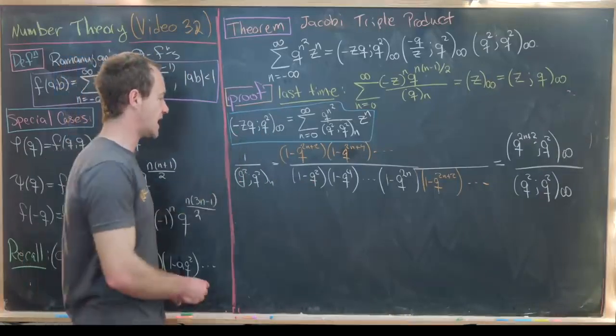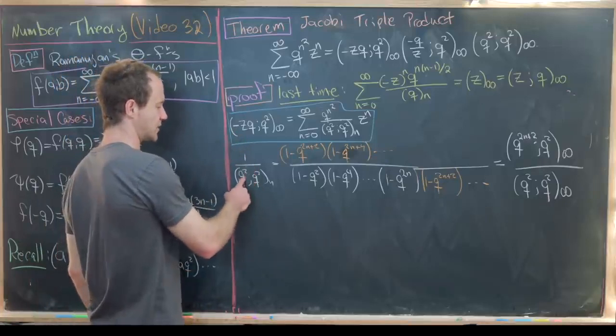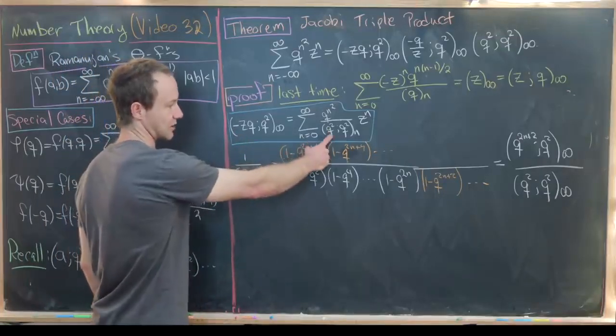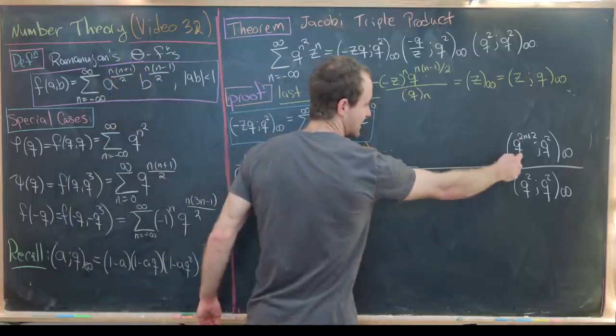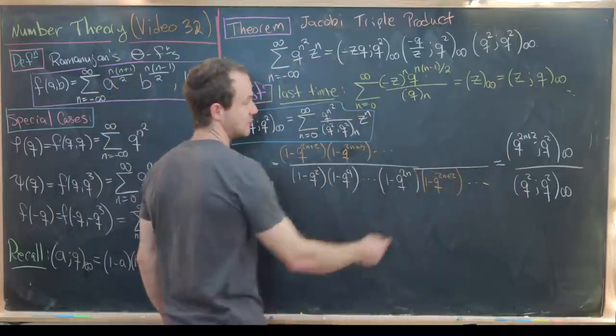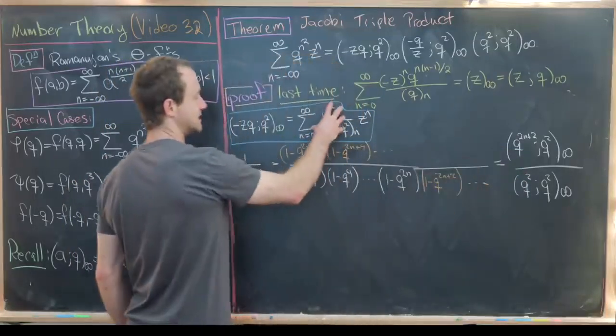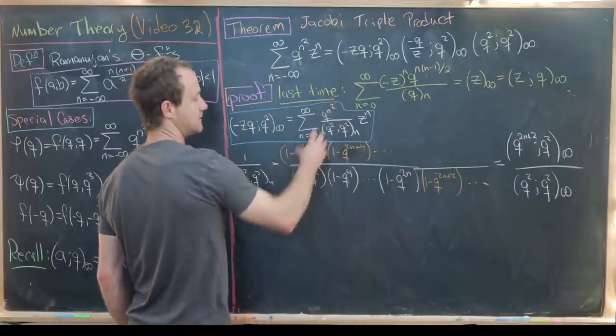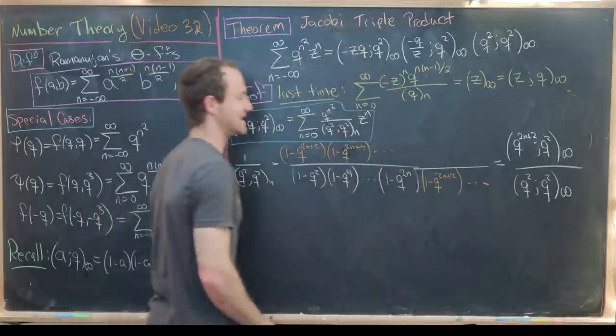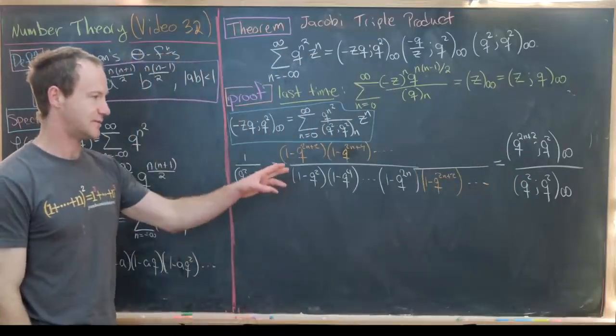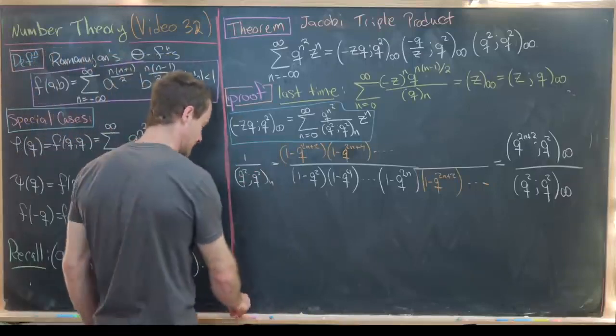Well, in our blue box, we have this 1 over (q squared; infinity) n term. If we replace that with this over this, we see that the numerator depends on n, so it has to stay in the sum. But the denominator does not depend on n, so it can be pulled out of the sum.